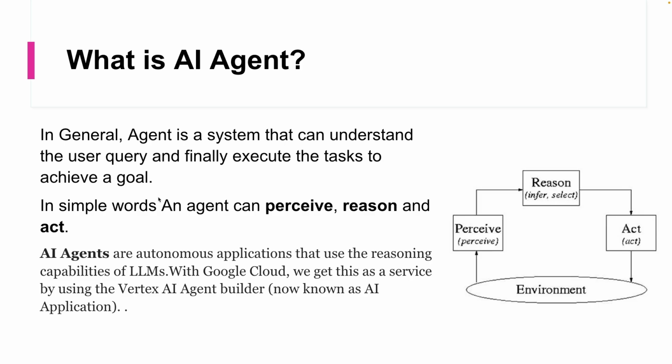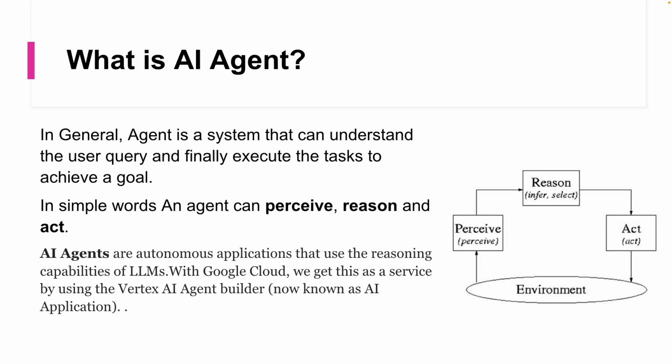An agent is a system that perceives, reasons, and acts to achieve a goal. These three terms are very important: perceive, reason, and act. Agents are autonomous applications that use LLMs, large language models, for reasoning and decision making.